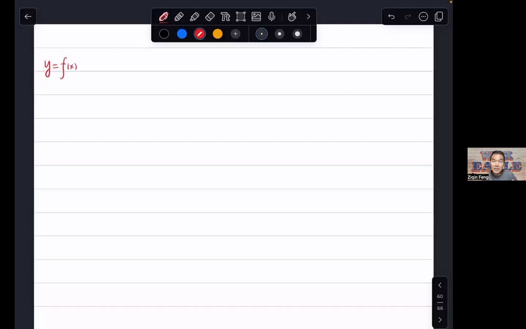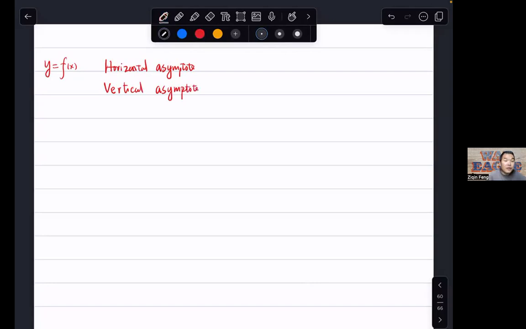To make our sketching more accurate, we want to identify the horizontal asymptote and vertical asymptote. The curve is getting closer and closer to the line, but never touches it, right?